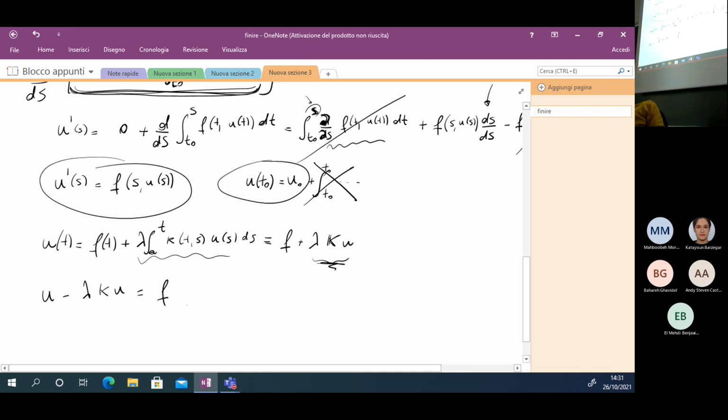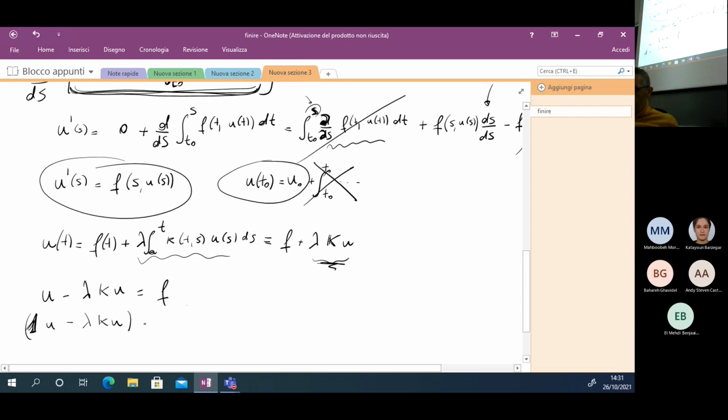You remember, think like if these were matrices. So if these were matrices, what you would write is in reality this thing here. Well, this object is the identity matrix. In this case, it is the identity operator.